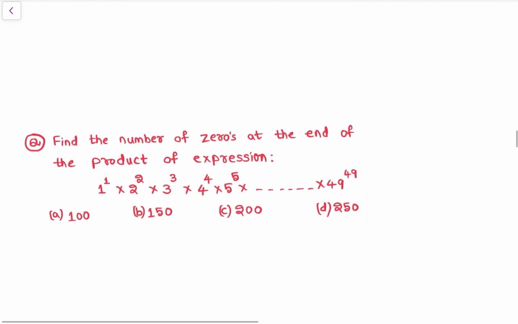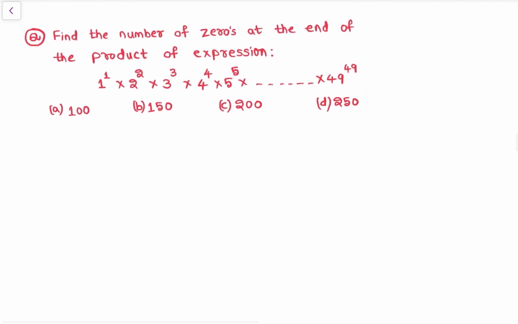Okay. So then let's move to another question. So next question is this one. See, this one is a very important question. Very important. See, this kind of question can be asked in UPSC. This question was asked in the UPSC CDS exam 2021.